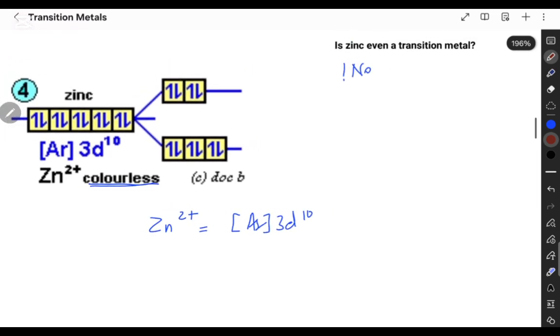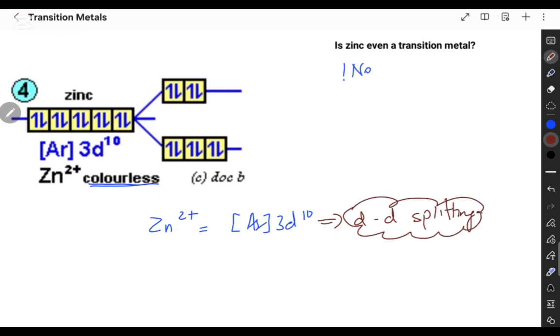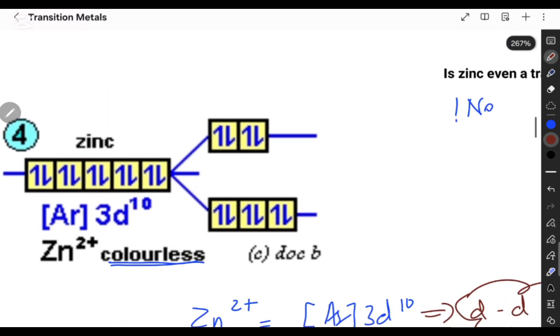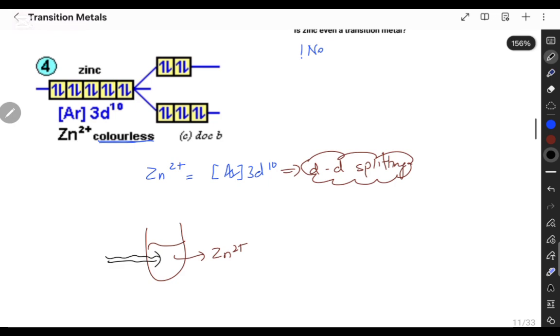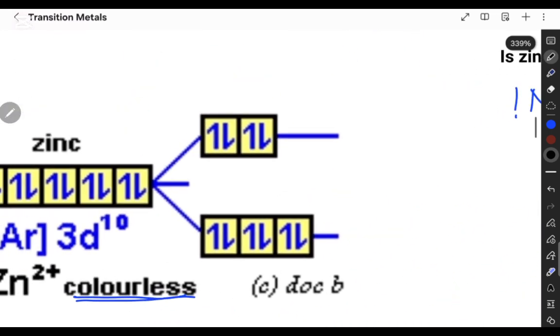Now notice d-d orbital splitting occurs here. Yeah, that happens. But the problem is not that d-d splitting happens. The problem is that when you shine light, let's say you have this sample with Zn2+ in it, the light will pass through it, but there will be no electron that could move up to the next level.